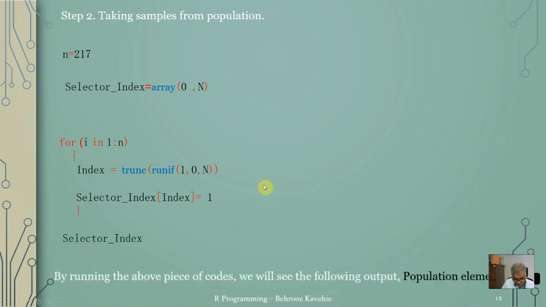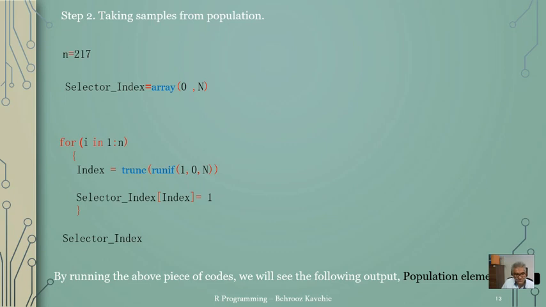I didn't give it a specific cell number. If it generated 35, it should replace the 35th cell with 1. If it generated 400, it should replace the 400th cell with 1. I have played a trick for the program to easily replace the set index with 1.